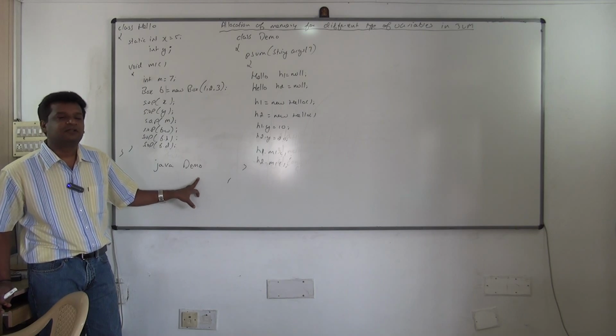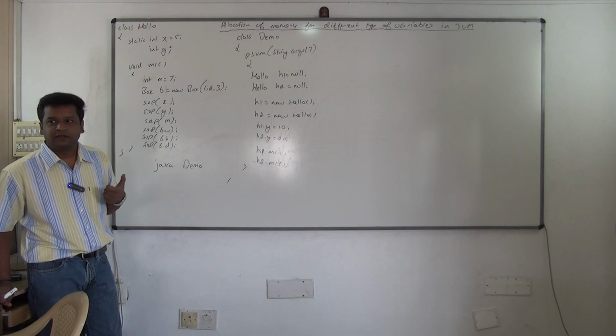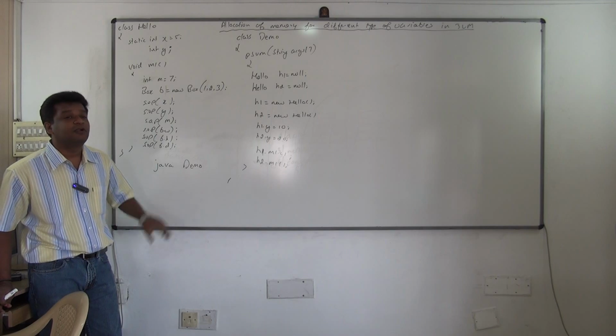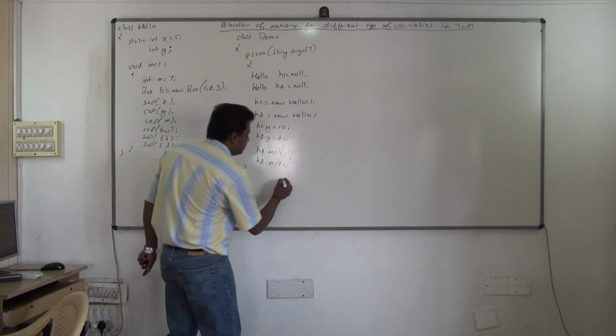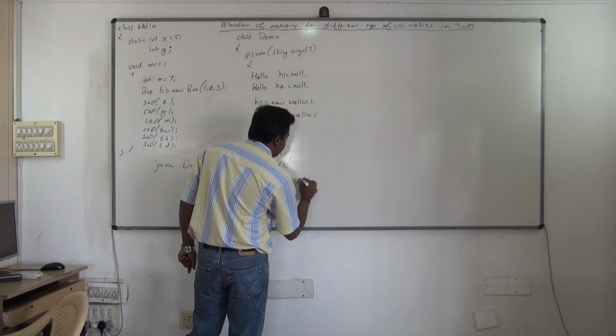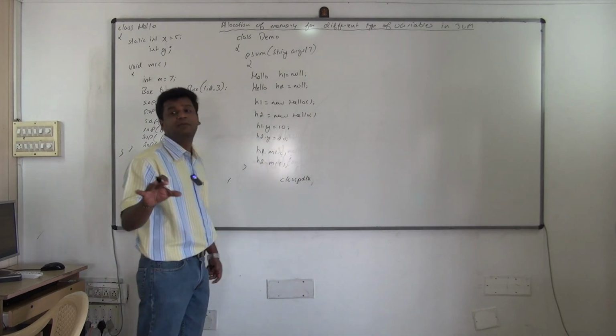But to load this class into the JVM, the class path variable will be used. The class path variable will be used to load Demo.class. So how is your class path set? This is the class path variable which has been set in environment variables.